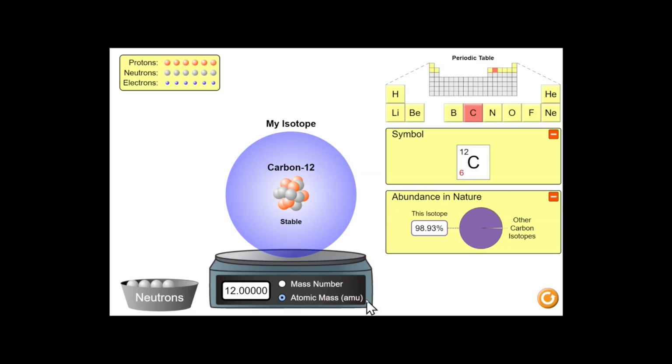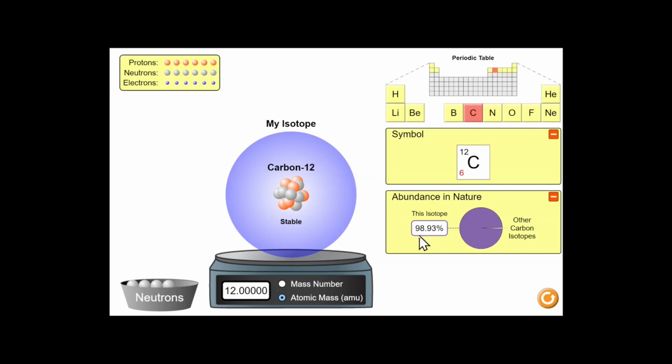Notice the atomic mass of this, by definition, is 12. This is what the atomic mass unit is based on. So 1/12 of this would be 1 atomic mass unit, which is slightly less than 1 proton and 1 neutron and a hydrogen atom. But for now, we're not going to worry about those binding energies.